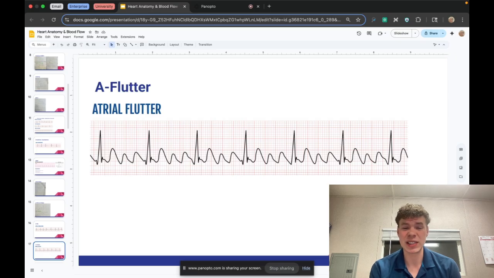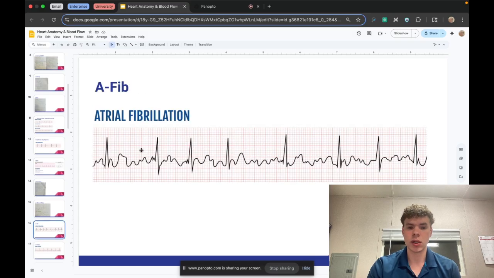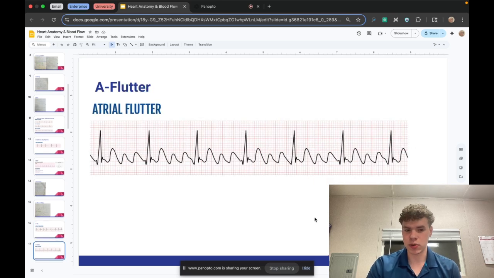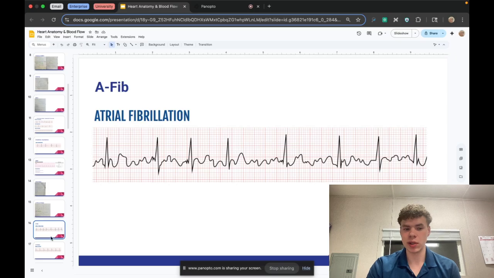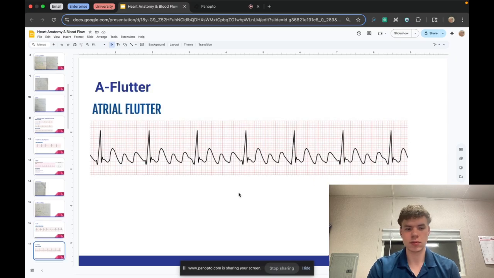If you see it on a monitor, it has a normal QRS. Flutter has little flutters in between, and R to R is equal for A flutter. For AFib, R to R is unequal. It has a QRS and these little spikes in here, and that is basically the atria not doing what it's supposed to. And some people live with this. Okay.